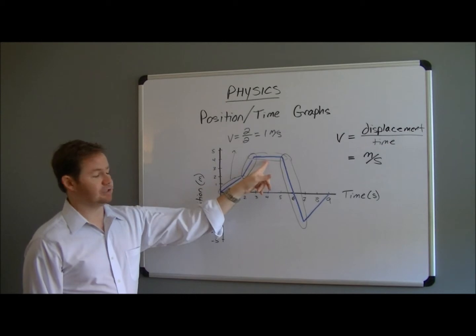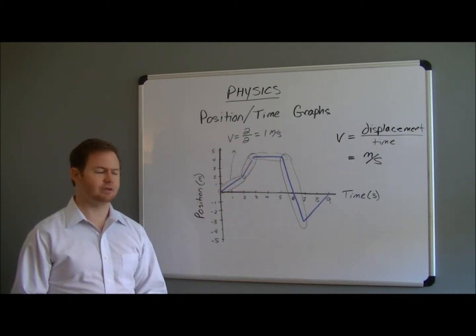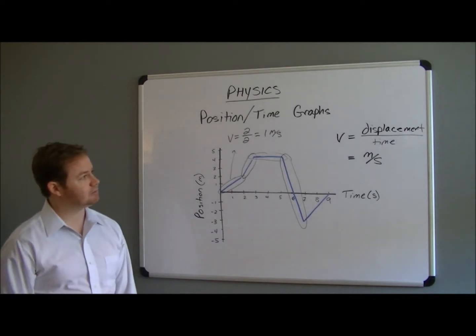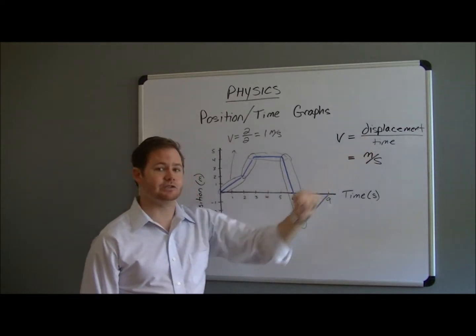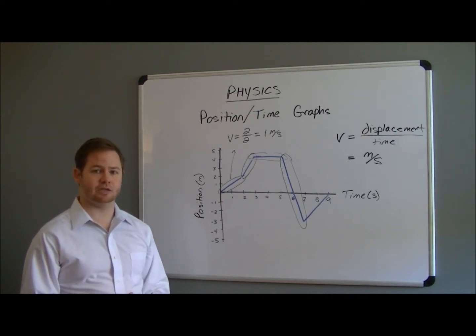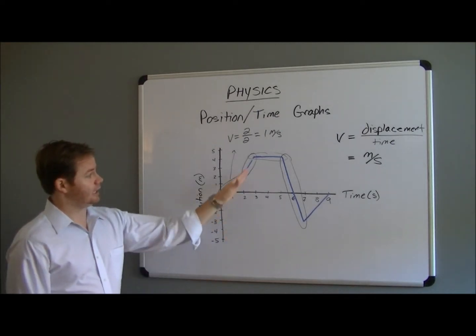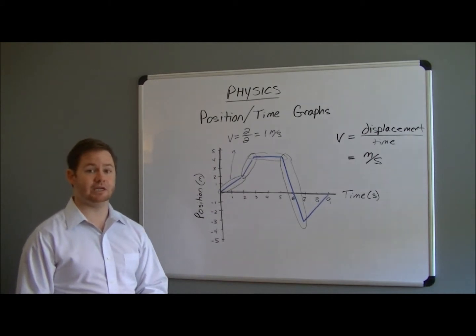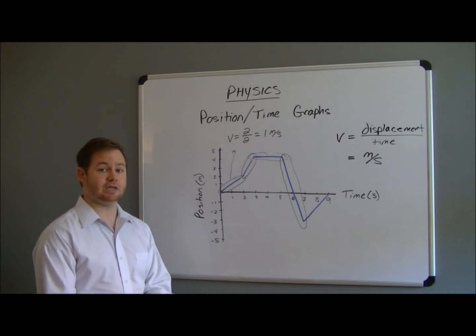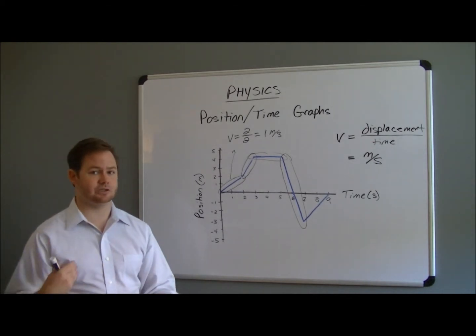If you have 0 velocity, it means that you're not moving. So what does it mean to have a negative velocity? Well, one thing that's important to keep in mind is velocity is your displacement over time, which means that direction matters. And so for velocity, a positive slope means that you're moving in a positive direction. A negative slope just means that you're moving in a negative or the opposite direction.